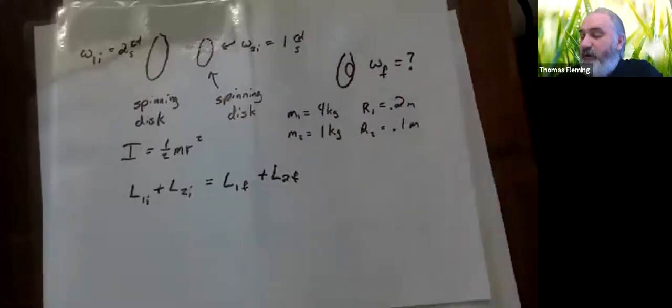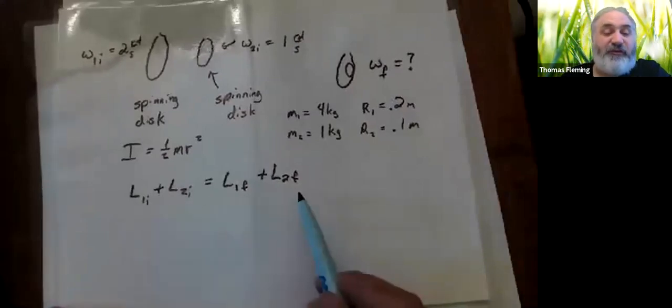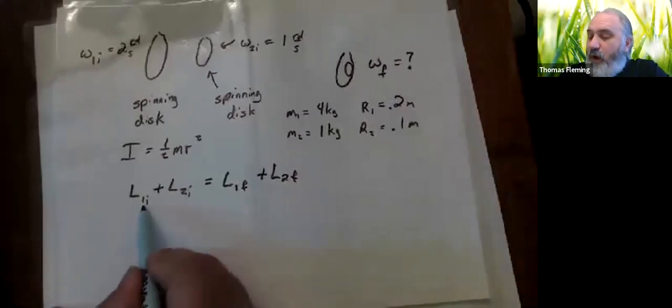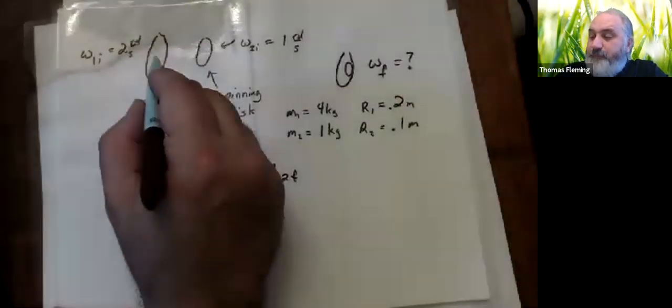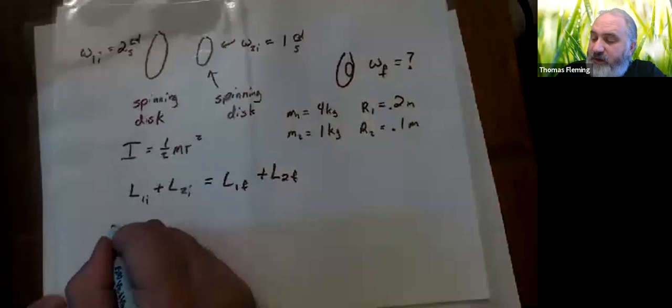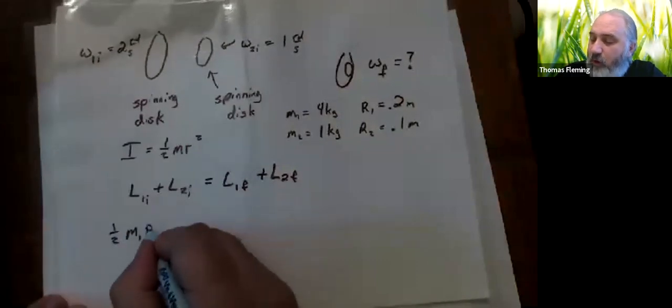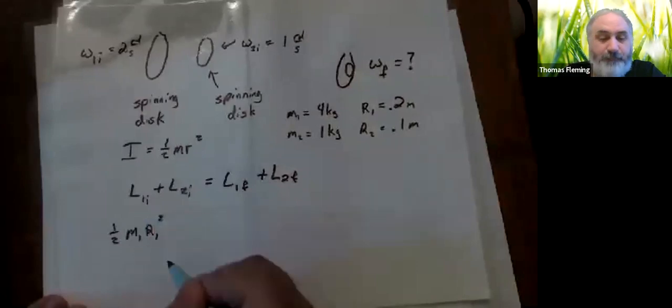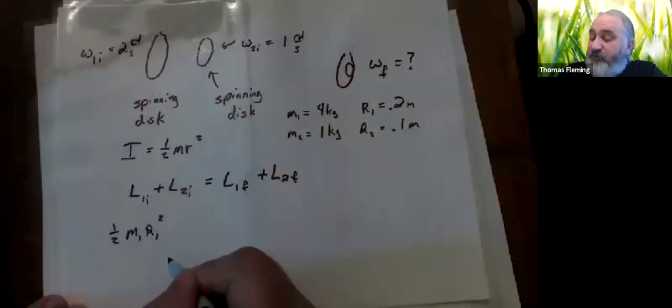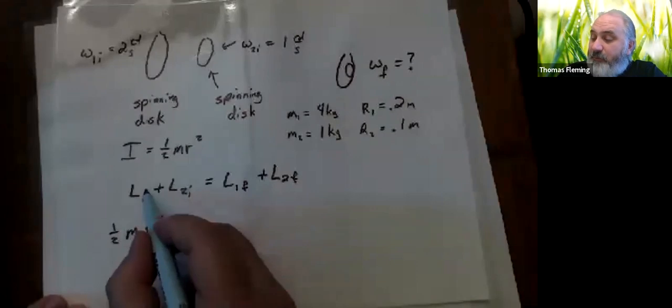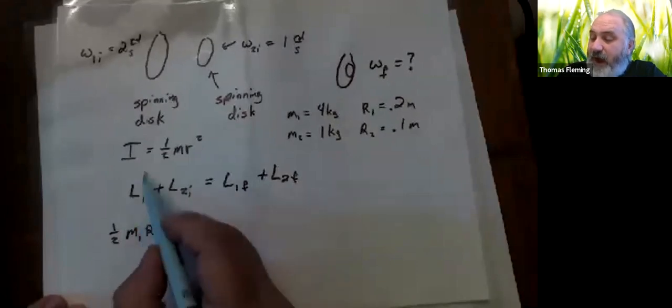So now when I go to fill in this little skeleton, for L1 initial, it's going to be the I for object 1. So it's going to be 1/2 times mass 1 times R1 squared times omega, because remember L is I times omega.